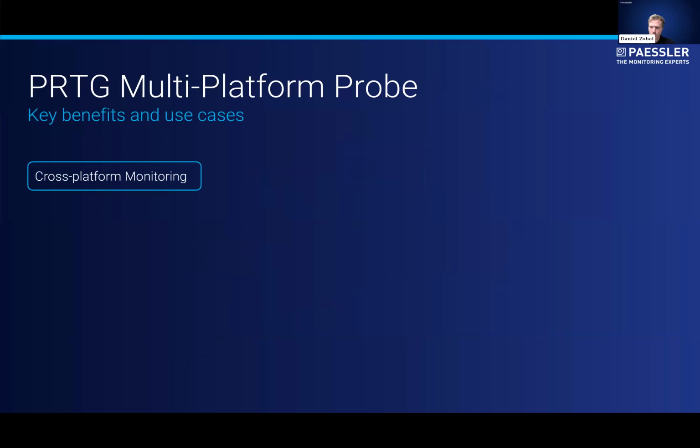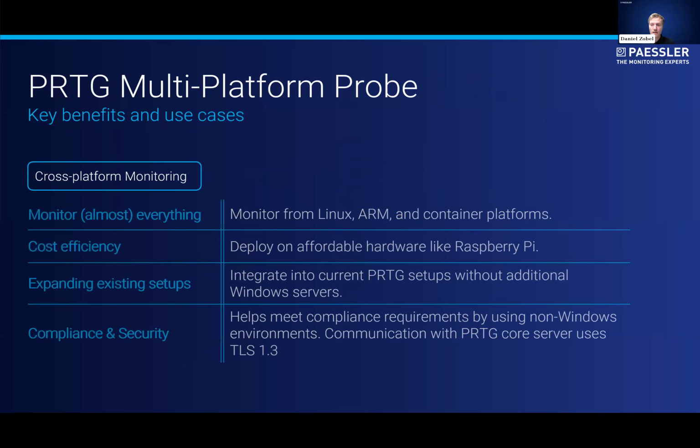So the first use case for the multi-platform probe is that you can finally monitor from systems that are not running on a Windows OS. This means the probe can run on most Linux systems, even on ARM architecture, as Susanna just showed, and on container platforms. And unlike the classic Windows-only remote probe, this makes it easier to extend your monitoring setup.